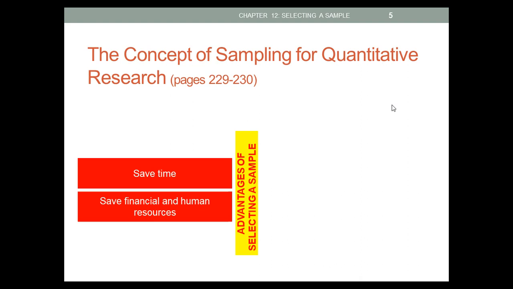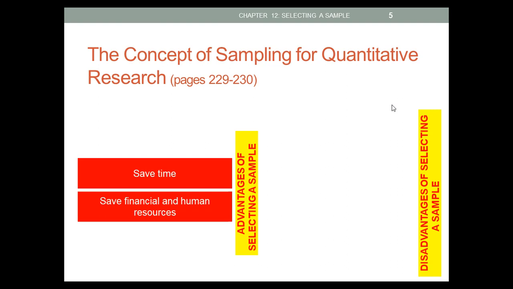We know that financial resources and human resources are limited everywhere. We have financial constraints and human resource constraints. Therefore, doing your research, collecting data from a subgroup, a smaller group that is drawn out from the bigger population, saves a lot of things.